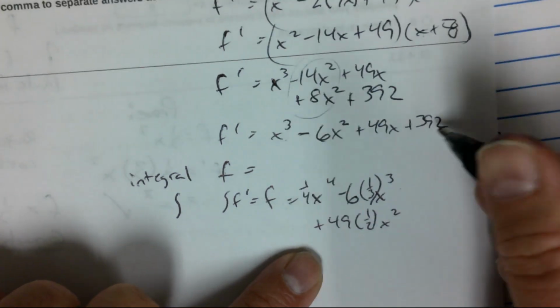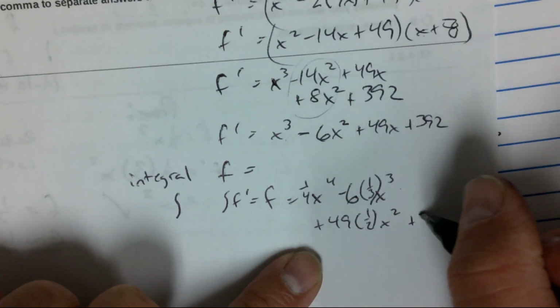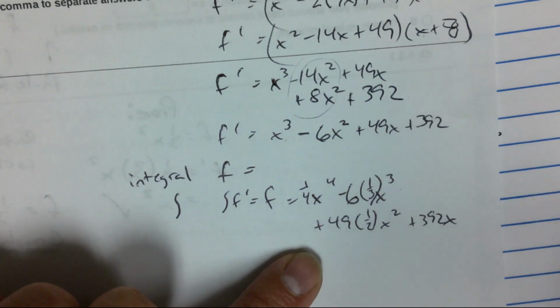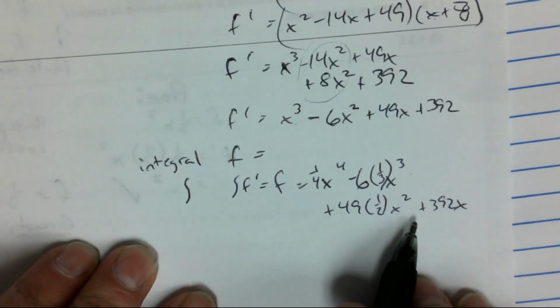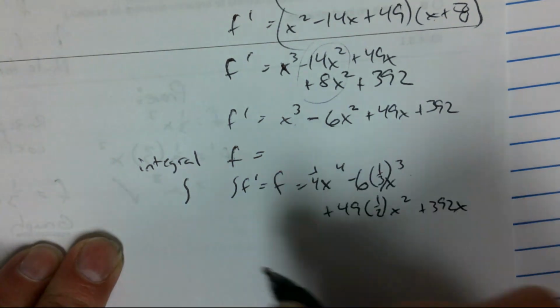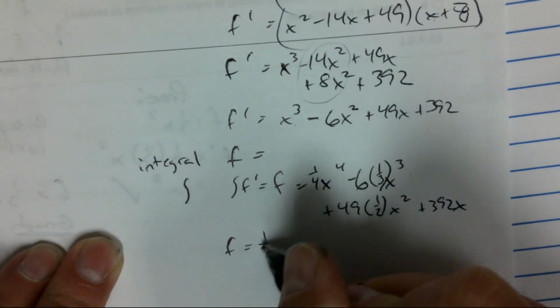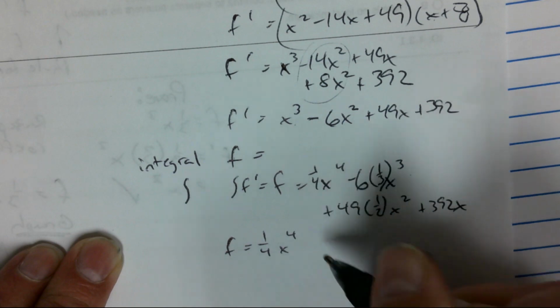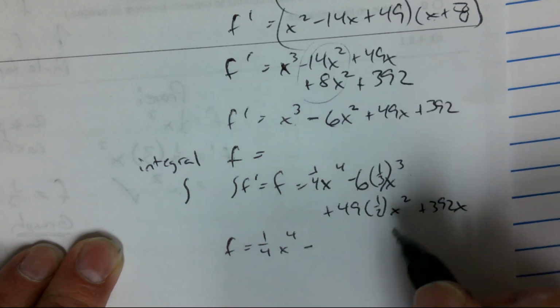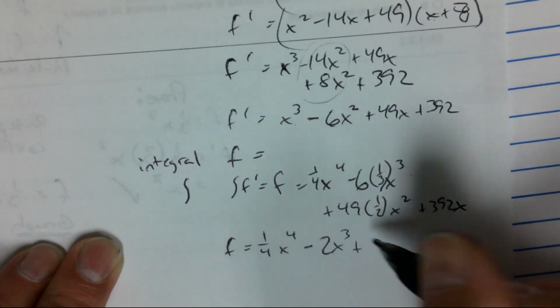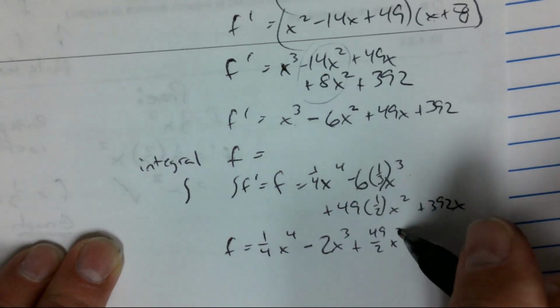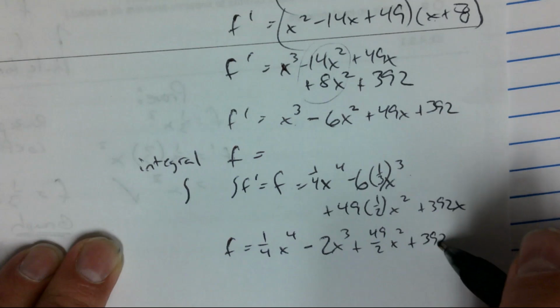And then on this one, we just put plus 392x. So that's what our rule is. And so f is 1/4 x to the fourth minus 2x cubed plus 49 halves x squared plus 392x.